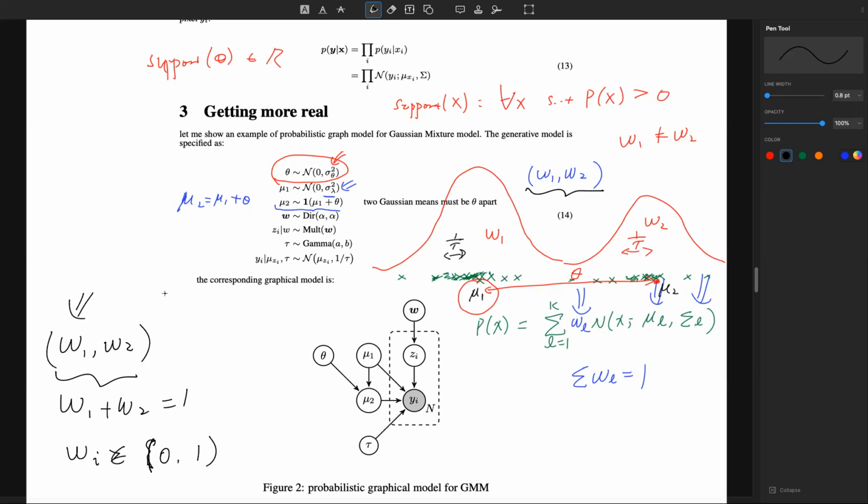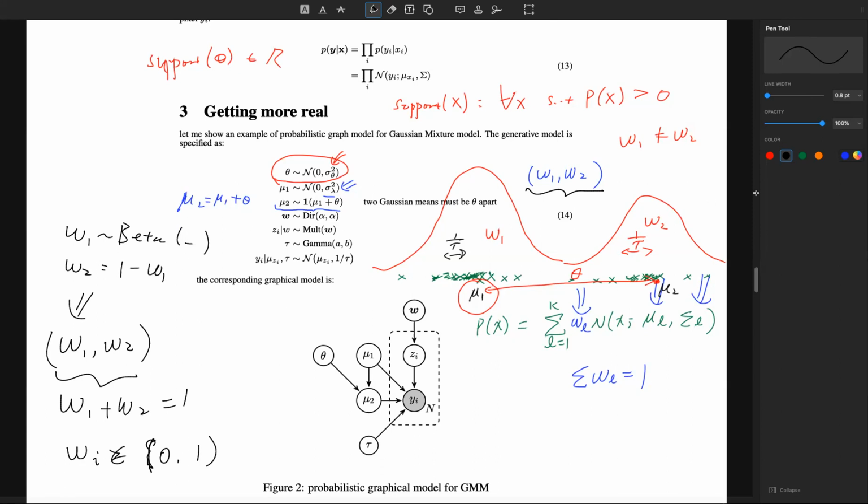Which distribution has a support between 0 and 1? Beta distribution, right? So W1 is beta, whichever the hyperparameters are, and W2 is equal to 1 minus W1.